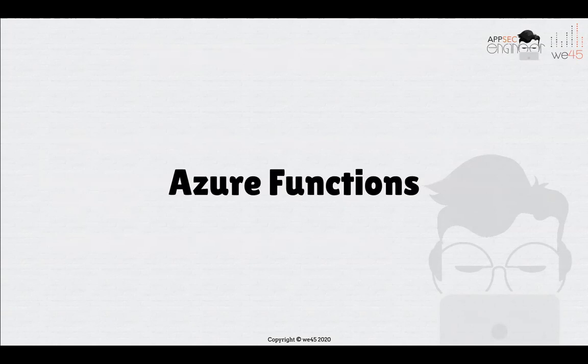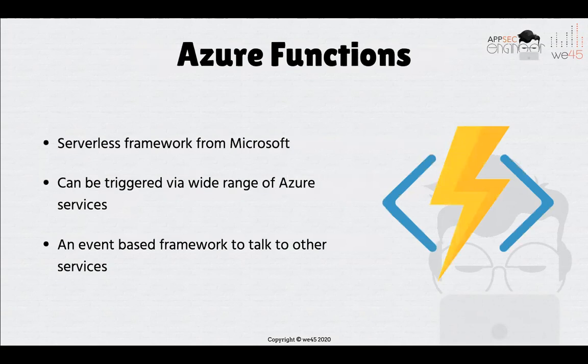Let's see the Azure variant, or the Microsoft variant, of serverless. Azure Functions is nothing but a serverless framework from Microsoft. It can be triggered via a wide range of Azure services. For example, let's take a scenario. You first contact the Azure Function and then talk to other services, or the other way around, where you talk to the services first and then trigger an Azure Function.